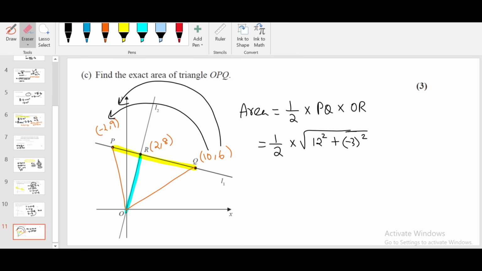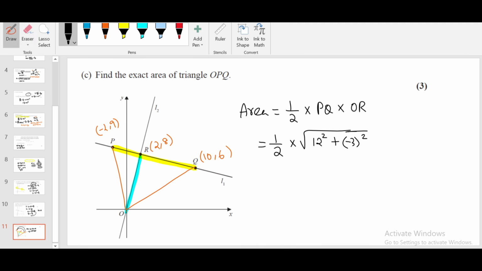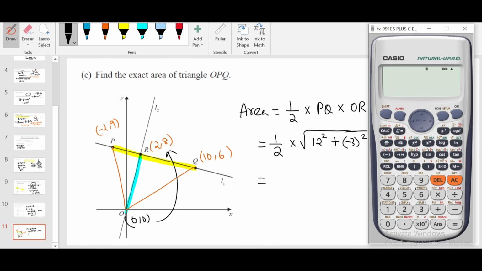And then use the same distance formula from the origin 0, 0 to R. We'll get square root of 8 minus 0 squared plus 2 minus 0 squared. You sub in this, you will get the answer already.